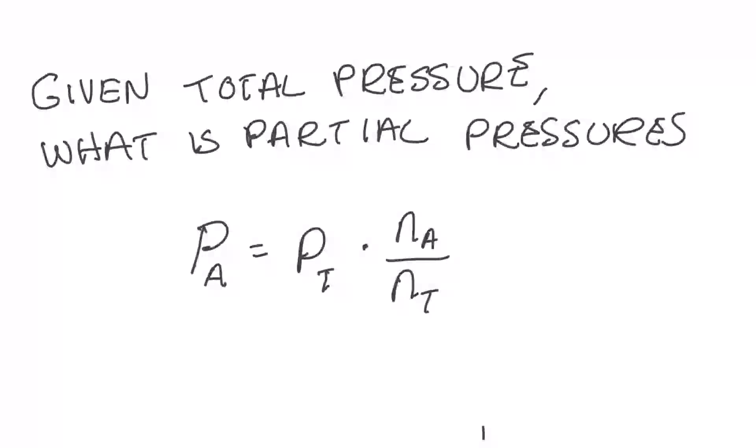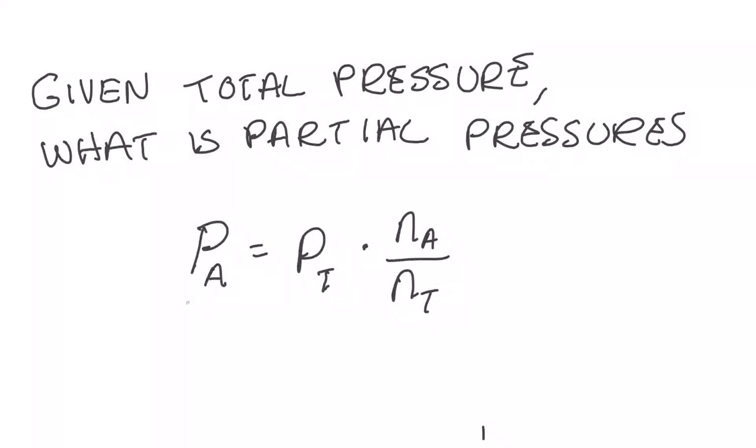What else can I solve using this? Well, I can also solve for the partial pressures if I'm given the total pressure. So write this equation down and let's see where it comes from.